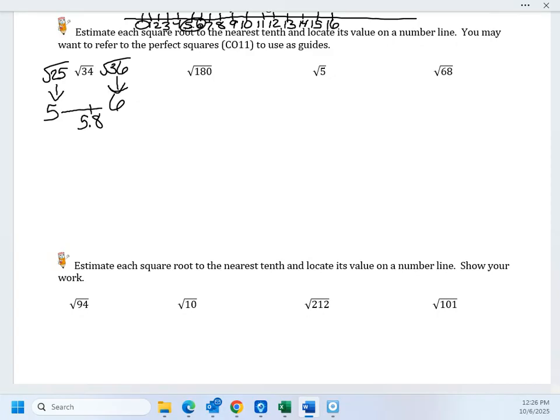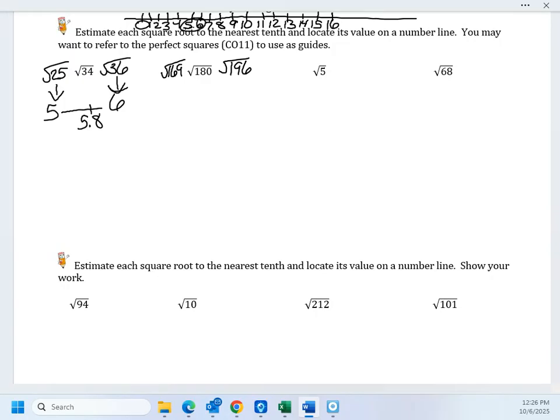So let's look at 180. What square roots am I going to put? The first step is putting the closest square roots on either side. What would you put, Ellie? 169 and 196. So make sure to put the square root. So the square root of 169 and the square root of 196.